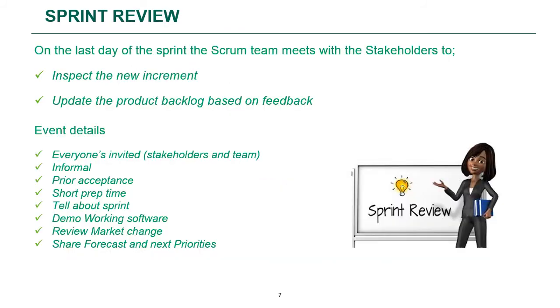Sprint review is held at the end of the sprint to inspect the increment and to update the product backlog based upon the customer and the stakeholders' feedback. In this meeting, the product owner invites the Scrum team and the key stakeholders. He demonstrates and discusses the current status of the product backlog and also what work has been done and what is not done.